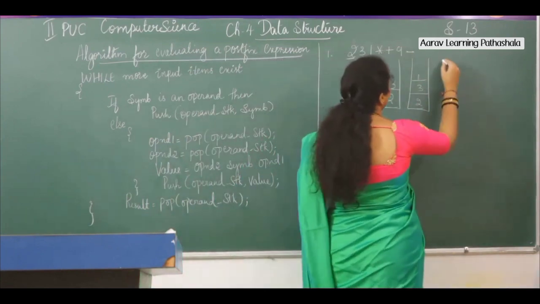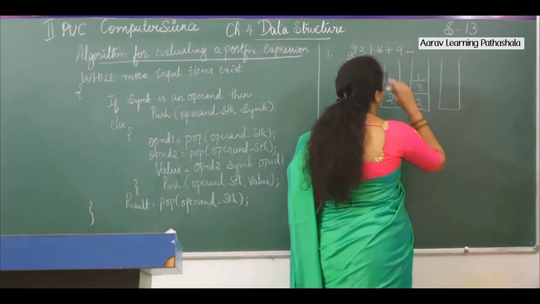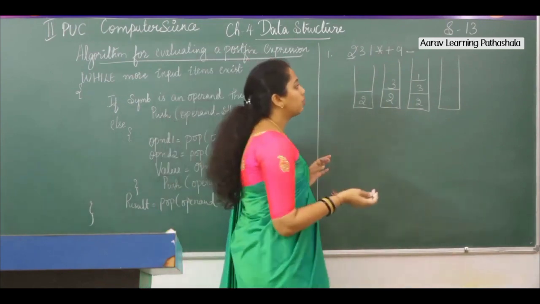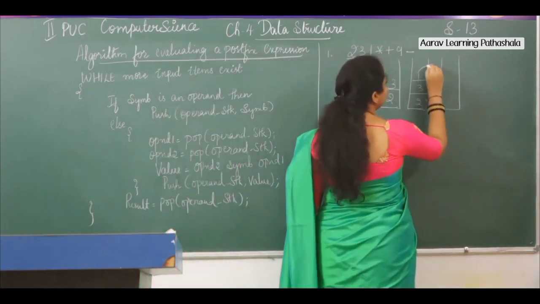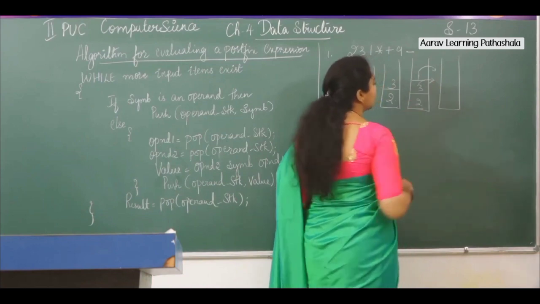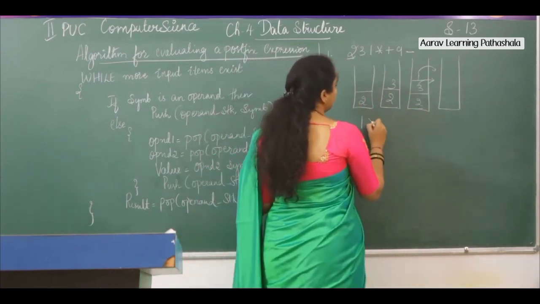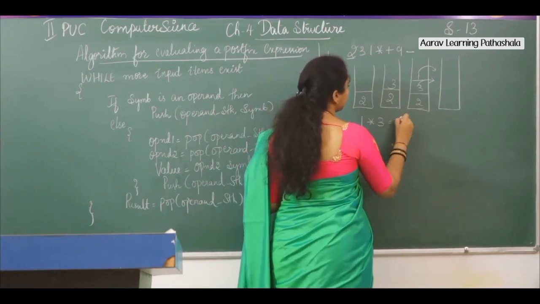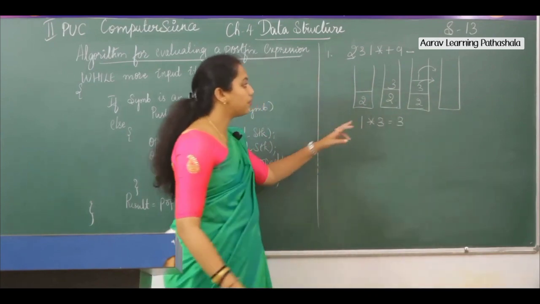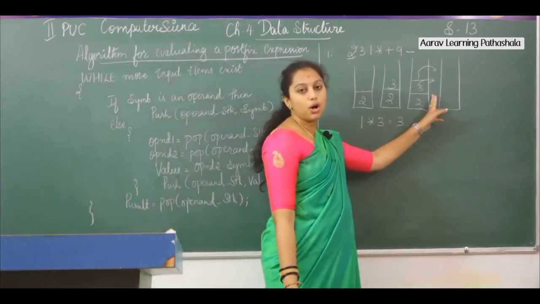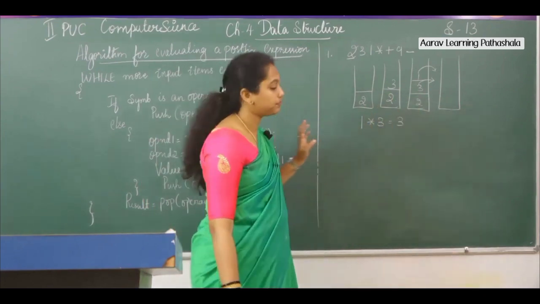And third, I got an operator. Star is an operator. So I am going to pop out the first 2 elements of the stack. So that is 1 into 3. It becomes 3. It is going to perform the multiplication operation with the first 2 operands of the stack.